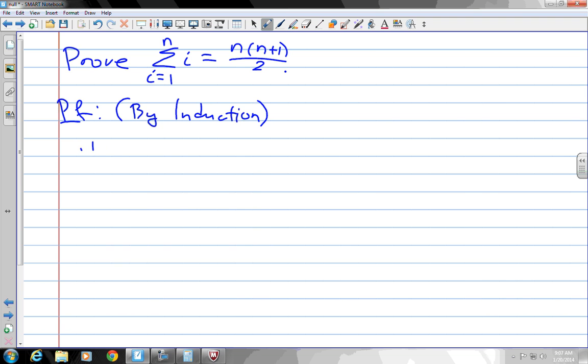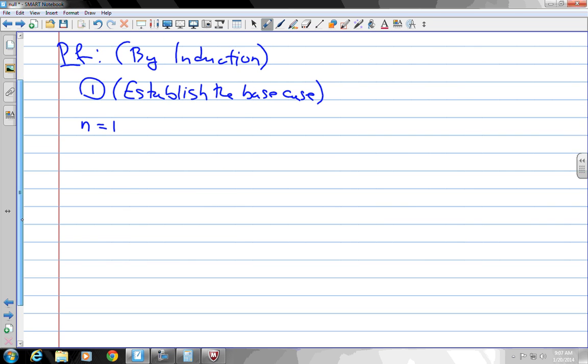So here's the first step. We have to establish the base case. That means n equals 1 in this case. This is the smallest value that variable can be. If I use the sigma notation, i goes from 1 to 1 of i. Well, that's just 1.